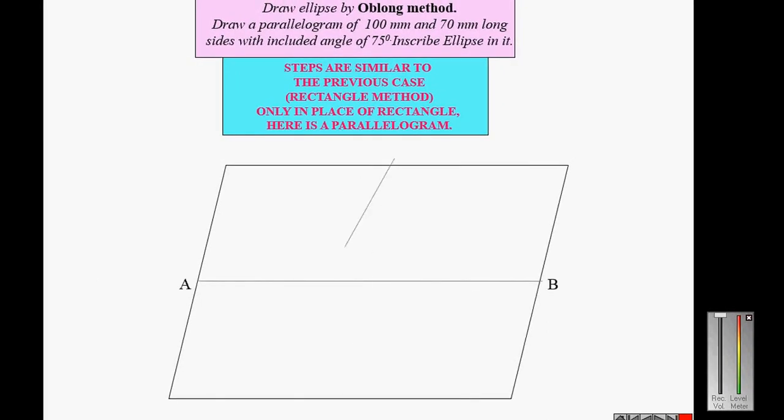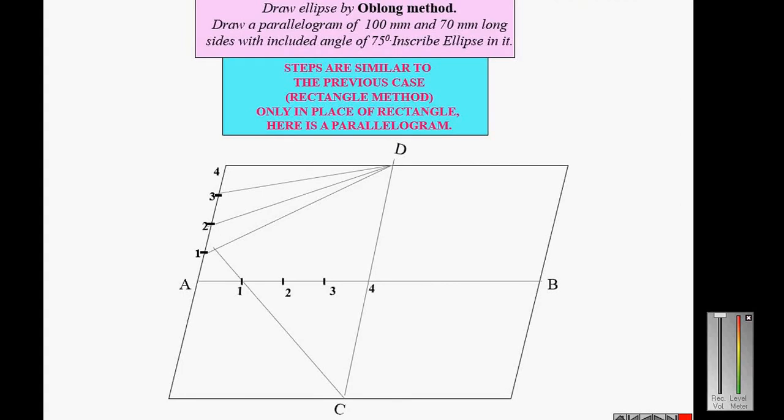So first of all, draw the two sides of the parallelogram, AB and CD, and the included angle is 75 degree, and divide the left side into 4 equal parts, and the left side of AB into equal parts, and join D1, D2, D3 and join C1 and extend it, join C2 and extend it, join C3 and extend it, and mark the points.